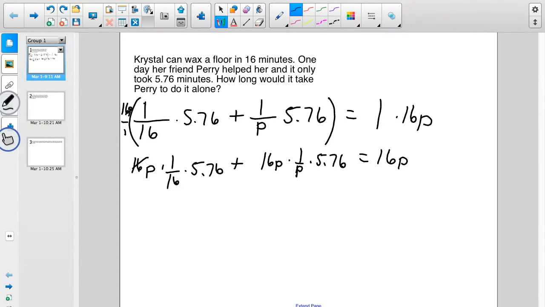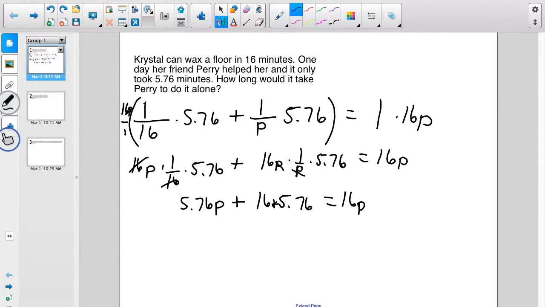I can cancel out my 16 here, and I'm left with 5.76P plus, I'll cancel out the P variable here, and I get plus 16 times 5.76 equals 16P.